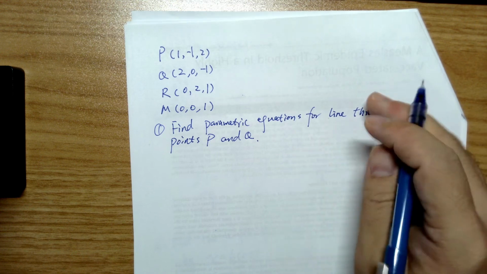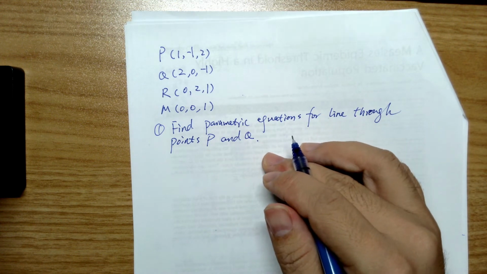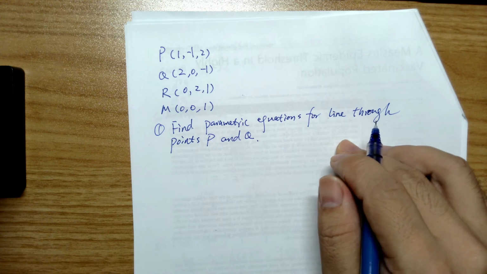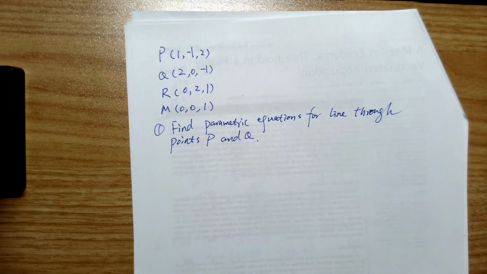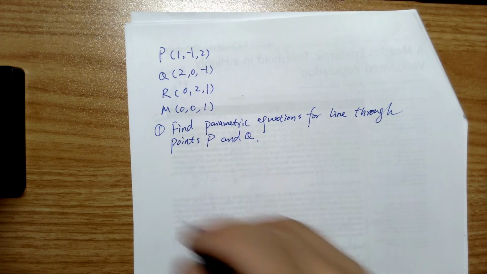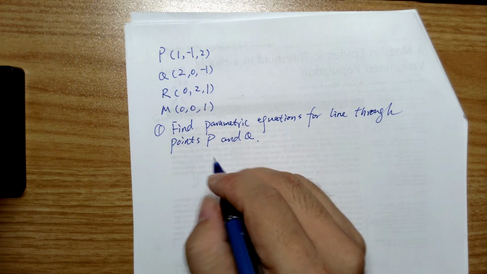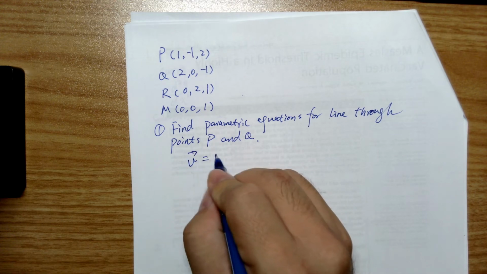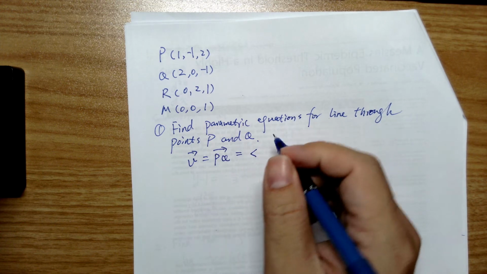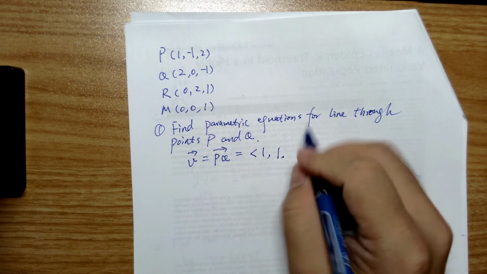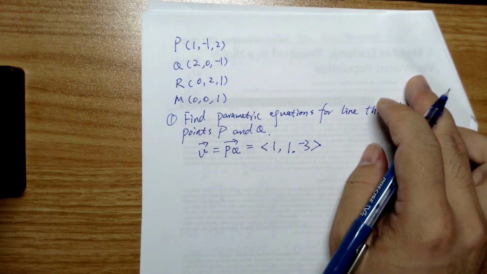Okay. So to find the equation of a line in space, we need to know a point on that line, and meanwhile we need to know a parallel vector on that line. So the point is given here, so the parallel vector we can write as PQ. Right? So that is (1, 1, -3). Okay.